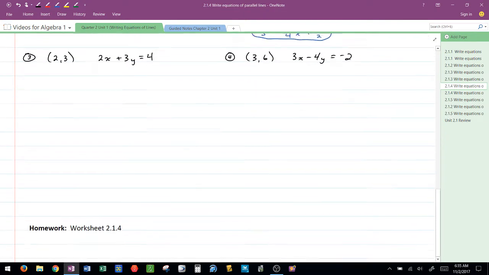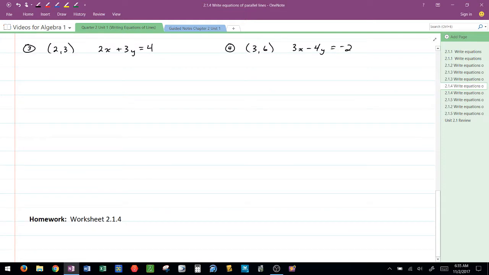Okay. So what if they give me a slight variation here? In this slight variation, they give me an equation of a line, but I don't know the slope of this line. I do know that if I solve the equation for y, if I get y by itself right here, then I know from slope-intercept form, y equals mx plus b, that I'll be able to identify the slope.